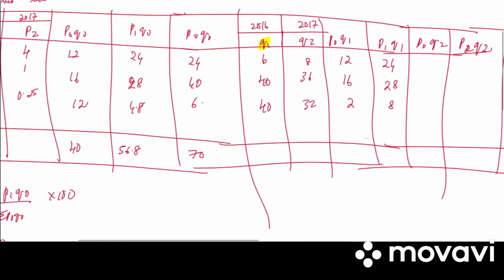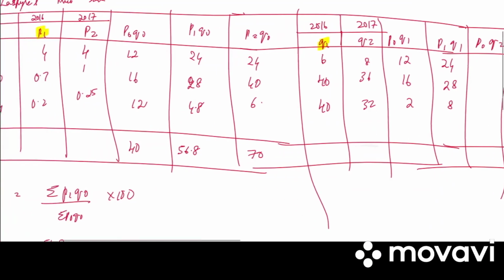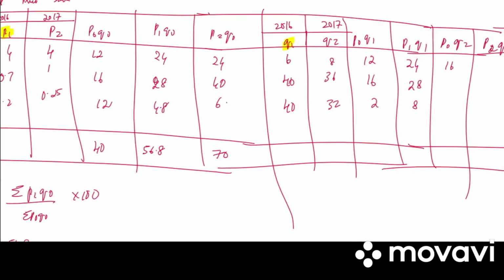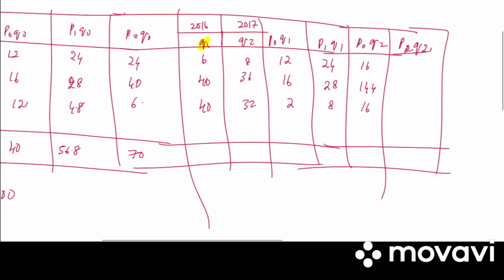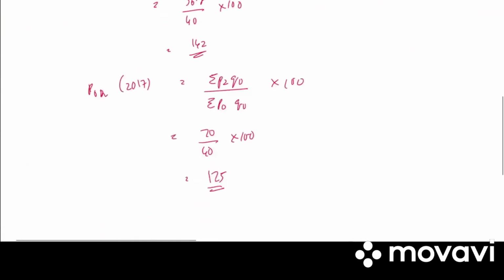Next we have P0 into Q2: 2 8s are 16, 14.4, 16, and last P2 into Q2: 32, 36 and 8. So the total will be 48, 60, 46.4 and 76.